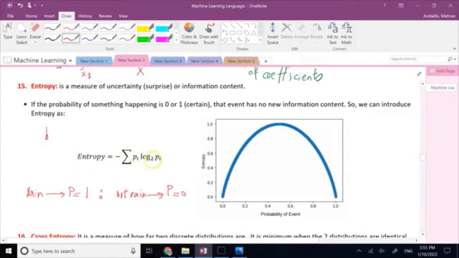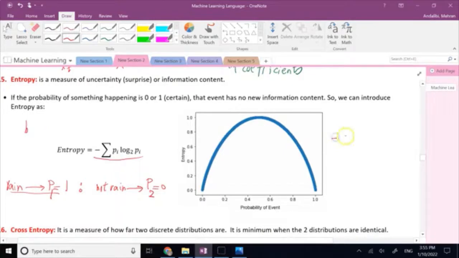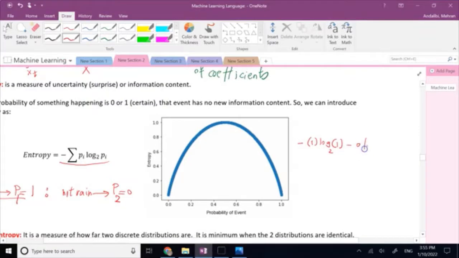If I say now, what is this term? Could you calculate this term for me for these two different classes? Let's say this is P1, this is P2. You say it's going to be negative of P1, which is 1, times log 2 of P1, which is 1, minus 0 times log 2 of 0.